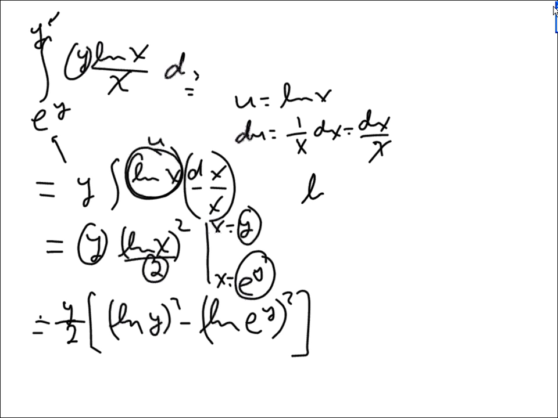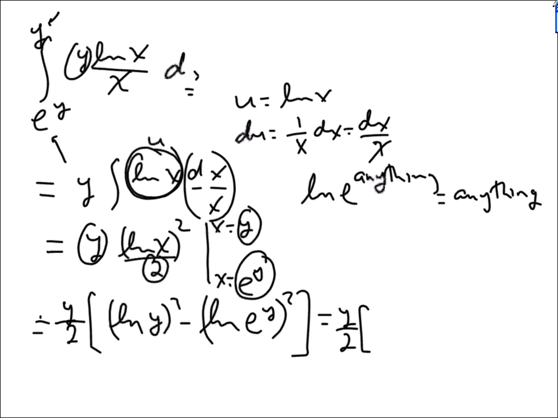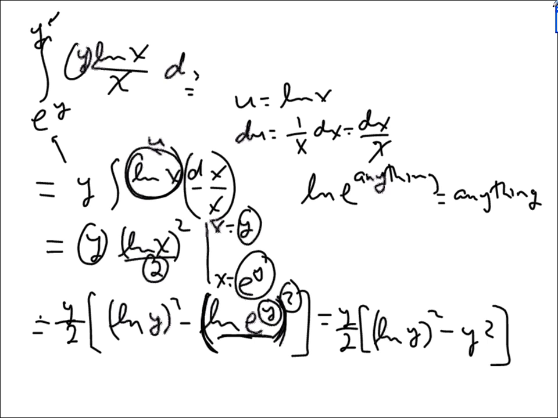But remember, ln of e to the anything is just the anything. So I get y over 2 in front, ln of y quantity squared minus y squared, because ln of e to the y is just y, and it tells me to square it. And there's the answer.